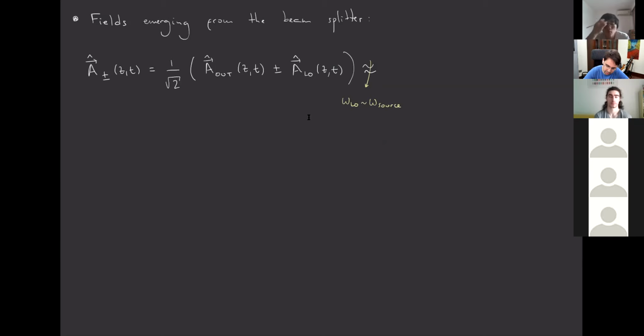Then essentially, within the slowly varying approximation for frequencies and so on that we have done before, we can write these fields A plus and A minus in the familiar form, in which we just have a phase factor, an amplitude factor with omega LO, and then we have an operator that is actually an annihilation operator, satisfying canonical commutation relations in time.